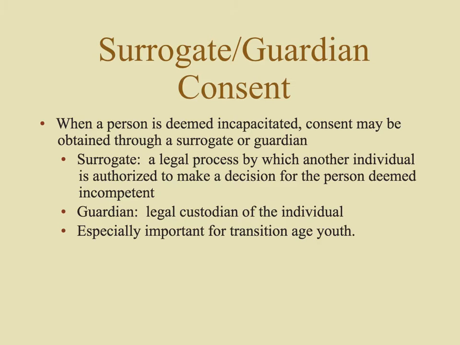Now, what might an example of a surrogate be? When I was a teacher, I often had surrogates appointed by courts for children who were in state custody. And so they would come in and sign IEPs for the child for the next year and make decisions on what was in the best interest of that child.